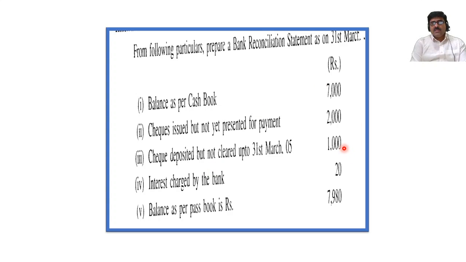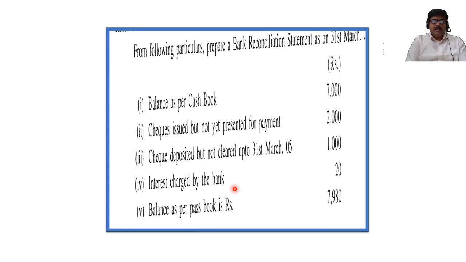Now a 1,000 check is received, so the total amount in the cash book will be 8,000. But not cleared means the bank has not collected this check, so there is no change in the balance in the passbook. We are preparing this reconciliation statement on the basis of the cash book. Hence, we have to deduct this 1,000 rupees.